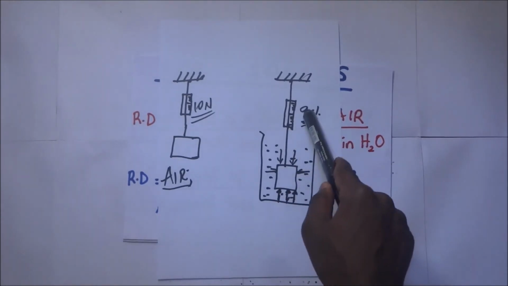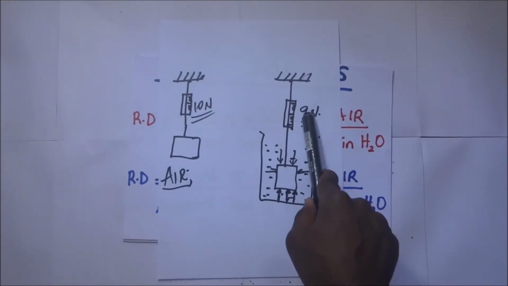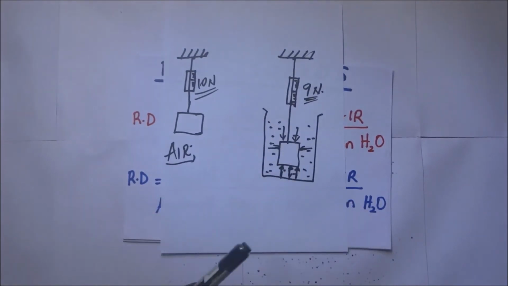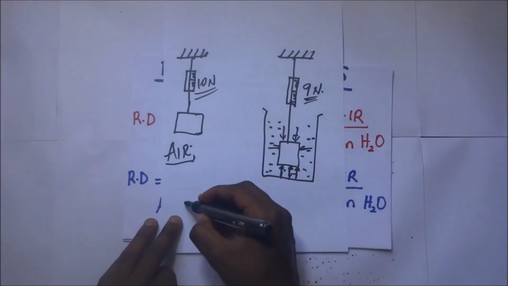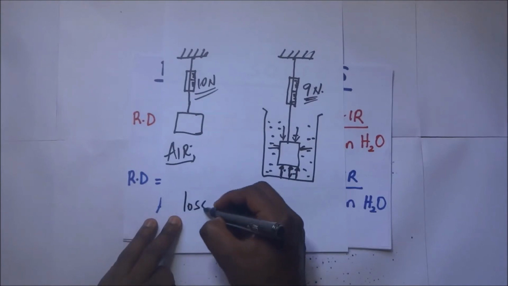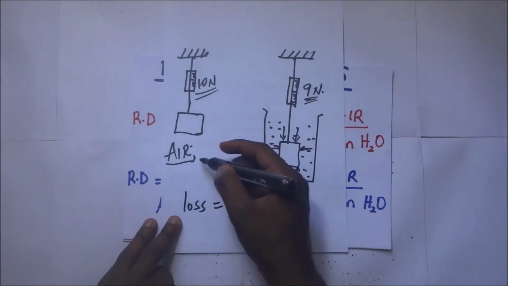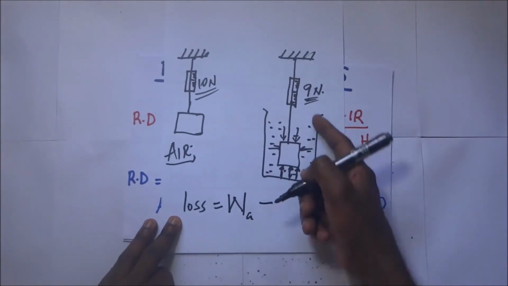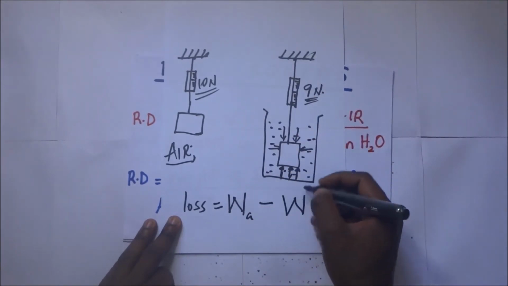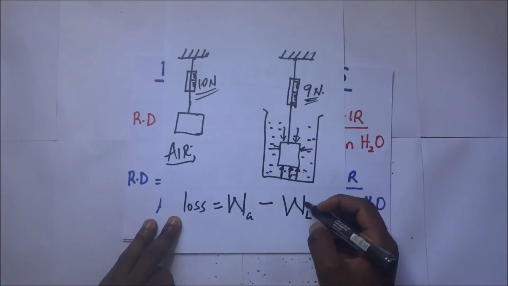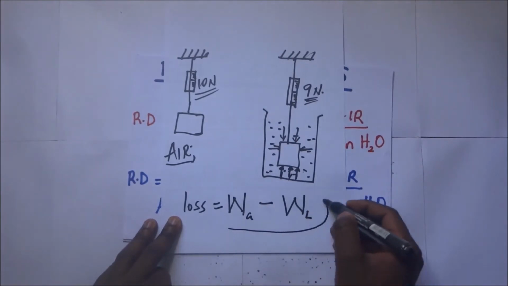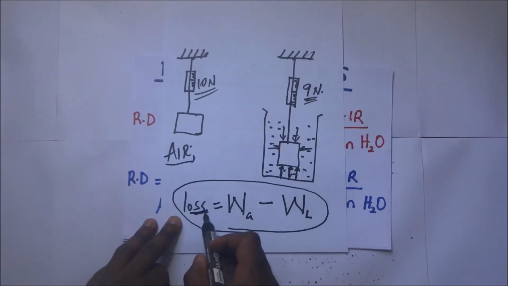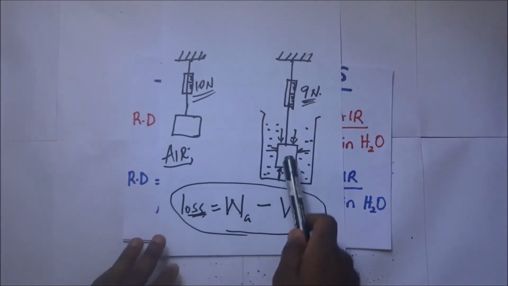This drop in the weight is what we are calling the apparent loss of the weight of this solid. We get that apparent loss by getting the weight of that solid in air and subtracting the weight of that solid when it is in the liquid. When you subtract those two, we get the apparent loss of weight of that solid.